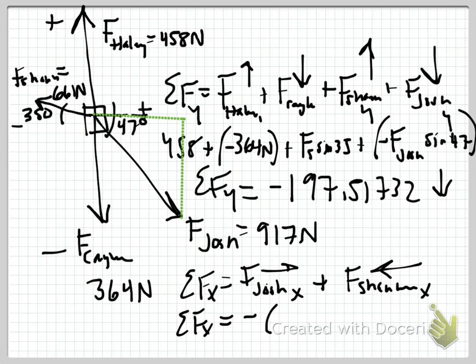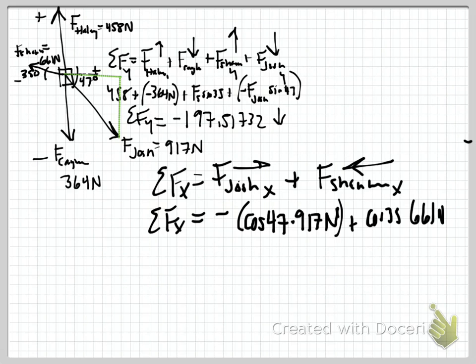So the negative of cosine 47 times 917 newtons, plus, and Shannon's is cosine 35 times 661 newtons. Very, very hard to read. I apologize. Let me shrink and move this.